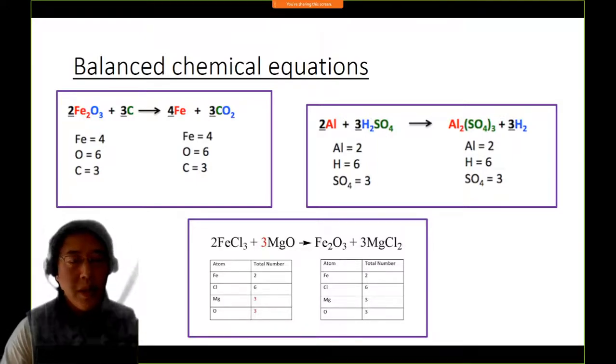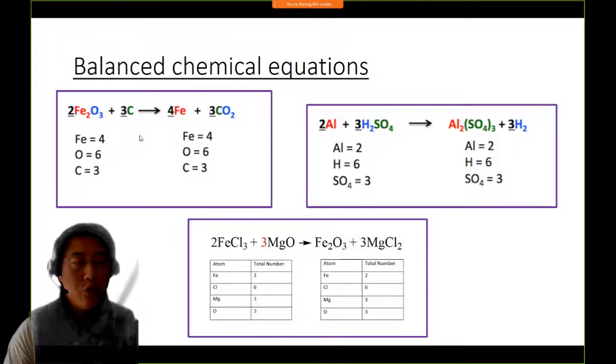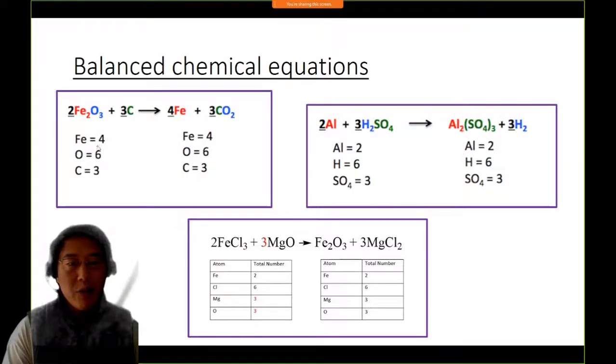Through the steps, when we do the worked examples, there are a few steps for you to do and repeat to achieve the same number of atoms on the left and the right. Because you have the same number of atoms before and after, that's what we call conservation of mass.